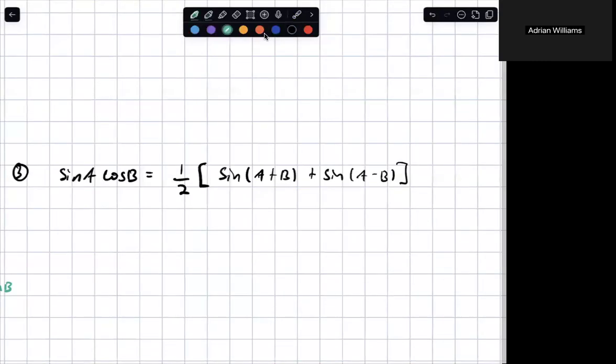So, looking inside of the bracket, we have sine of a plus b, and we're adding that along with sine of a minus b. Let's unpick our particular knowledge with that.